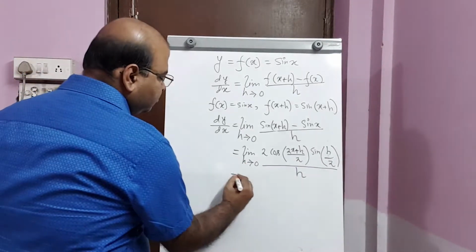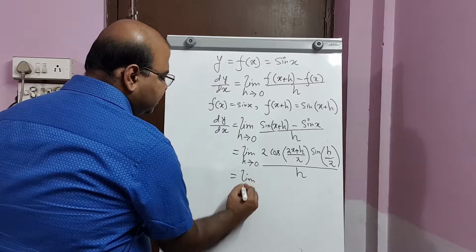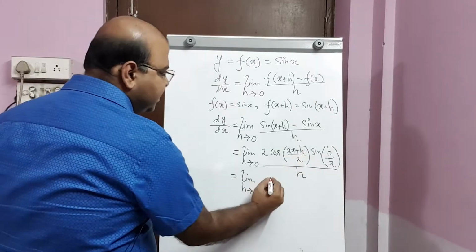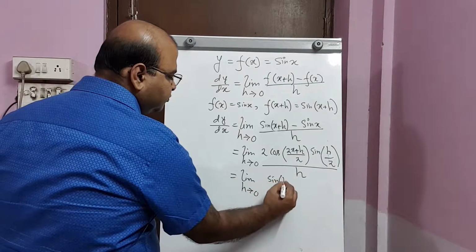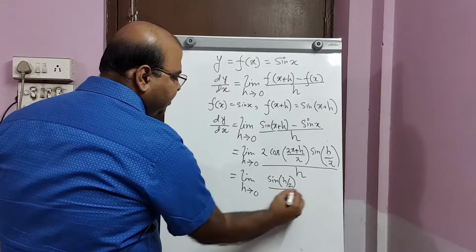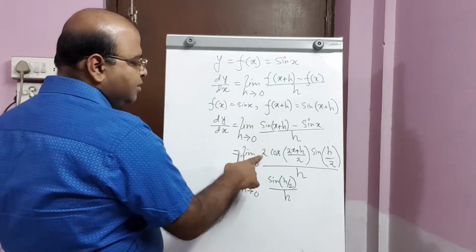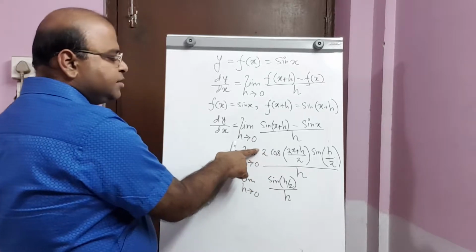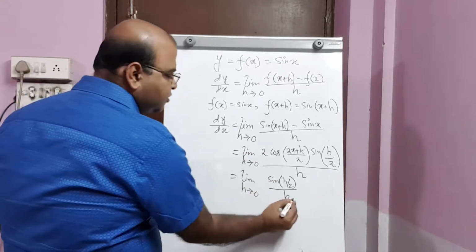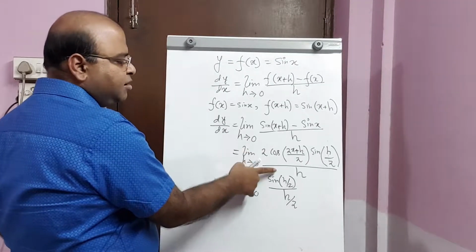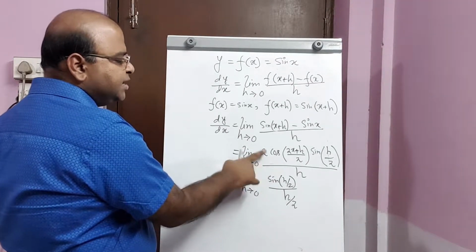So now we consider this limit as h tending to 0. If I consider sin(h/2) divided by h as a single function, and we also divide the numerator and denominator by 2. So here we have h upon 2 and these two get cancelled from the numerator. We are dividing both the numerator and denominator by 2.